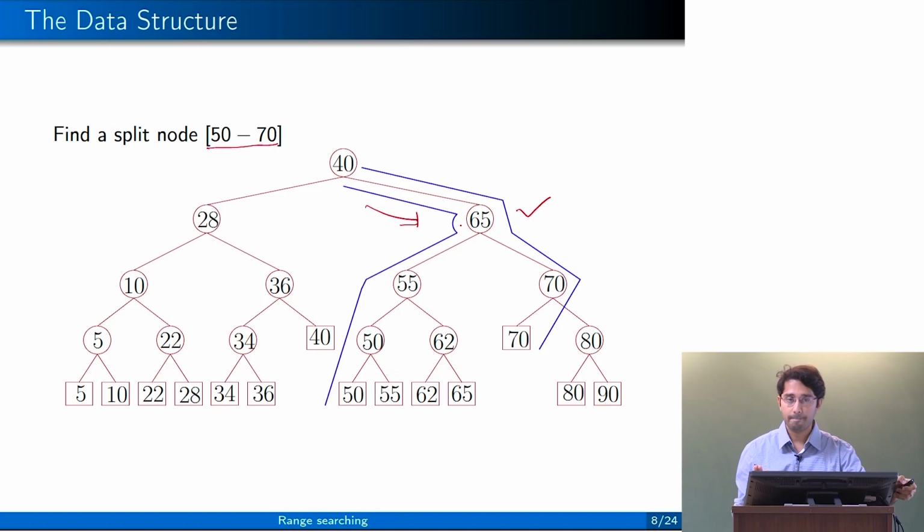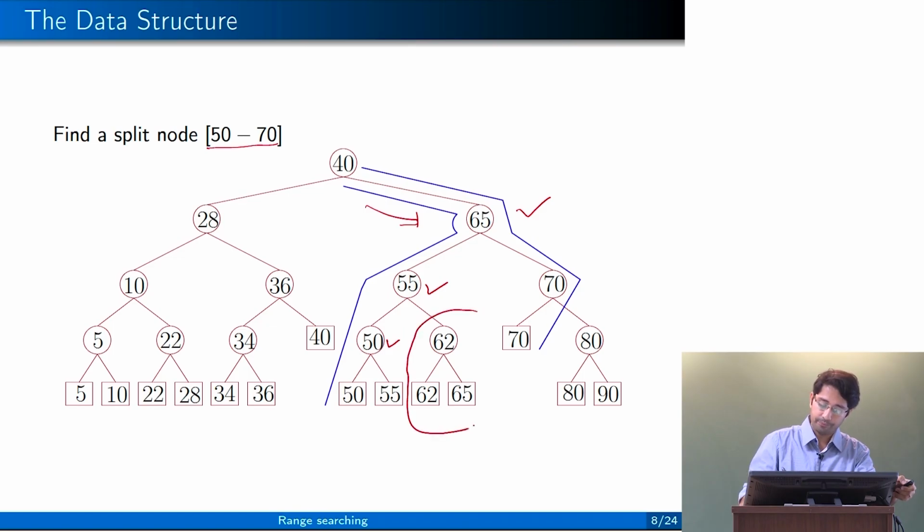Right. Now, when moving left, what do I know? Moving left of a child, I will start with 55, next I go to 50. From 55 to 50 I am moving left, so I have to report all these nodes.